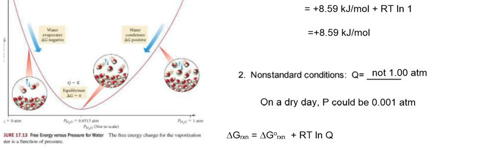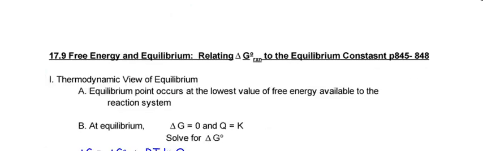So let's go back to section 17.9. The equilibrium point occurs at the lowest value of free energy available to the reaction system. So delta G, not delta G naught, equals 0 and Q equals K. Let me scroll down.